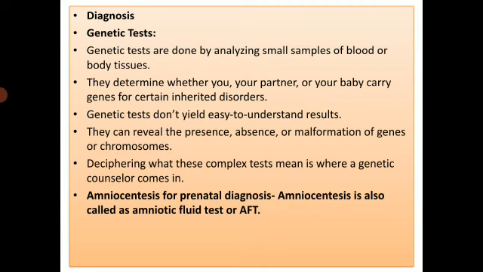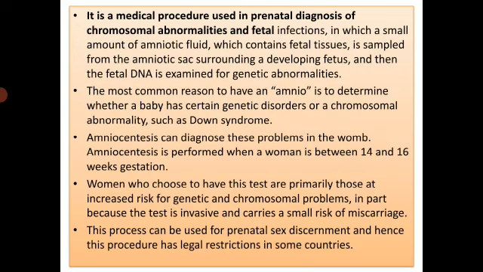Now amniocentesis for prenatal diagnosis, that is, amniocentesis is also called amniotic fluid test or AFT. Now, what is this amniocentesis that we will see now? It is a medical procedure used in prenatal diagnosis of chromosomal abnormalities and fetal infections, in which a small amount of amniotic fluid is sampled.